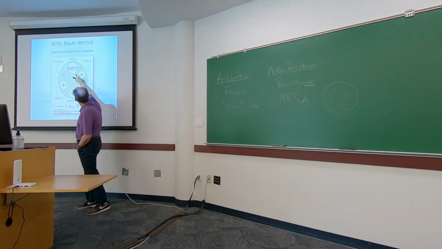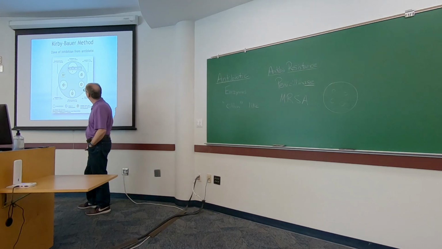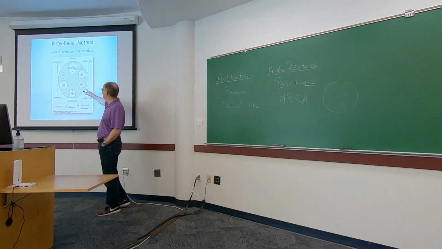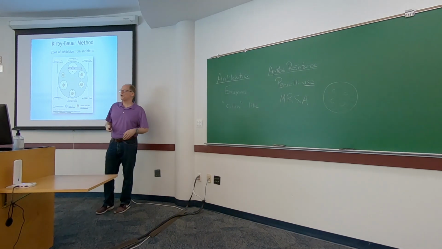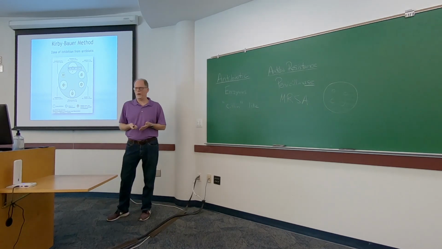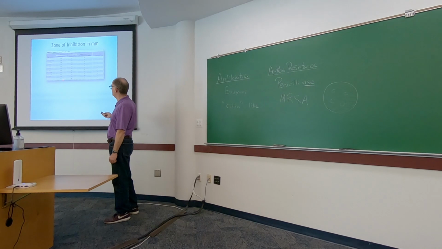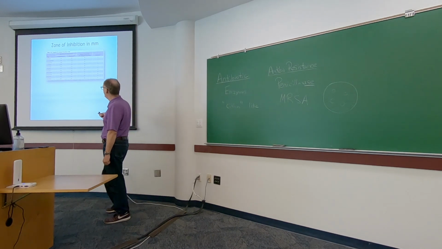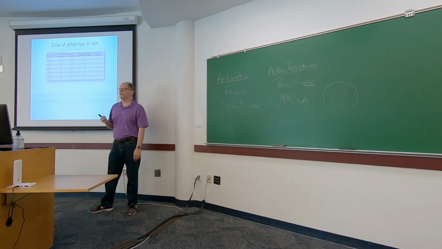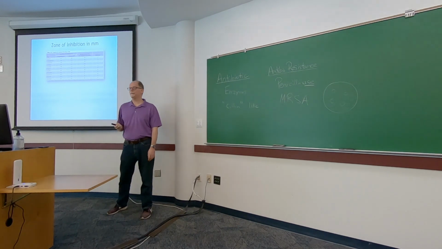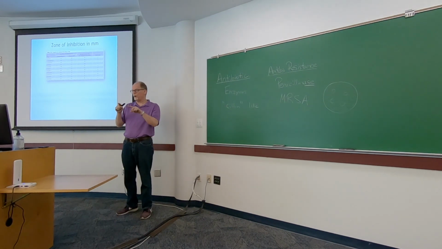That one up there, I think, is 27. But when you measured it, it would have to be greater than 12 to be susceptible. If it's smaller than 9, then it's resistant to vancomycin. And if it's between 12 and 9, it's intermediate.